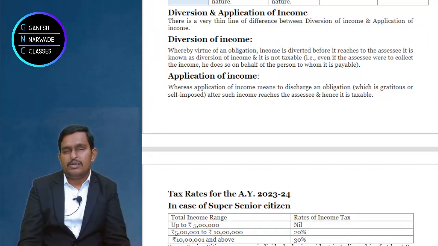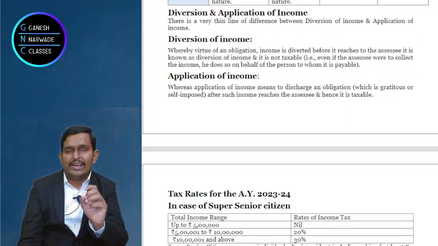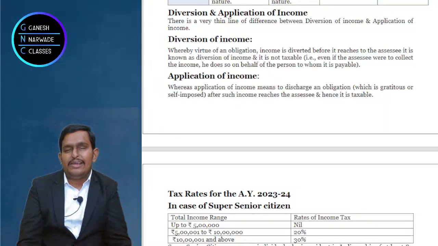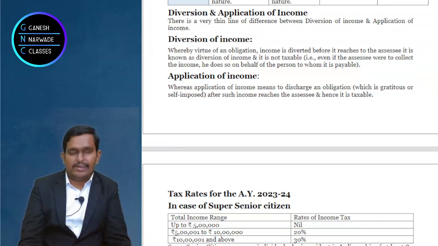Why? Because what you paid to your wife is out of gratitude, out of self obligation. Self obligation means you created that obligation on your own willingly, out of love and affection. So you cannot say that I spent it, that's why it should not be taxed. Income tax will be levied as and when you earn the money. After that, what you do is your choice.